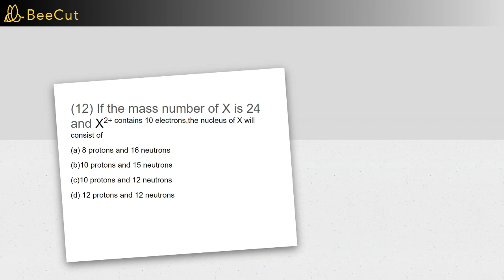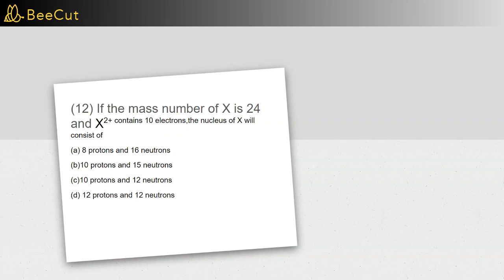The next question, number 12. If the mass number of X is 24 and X2+ contains 10 electrons, when it becomes an ion, it loses 2 electrons, that makes it have 2 plus, the nucleus of X will consist of what?